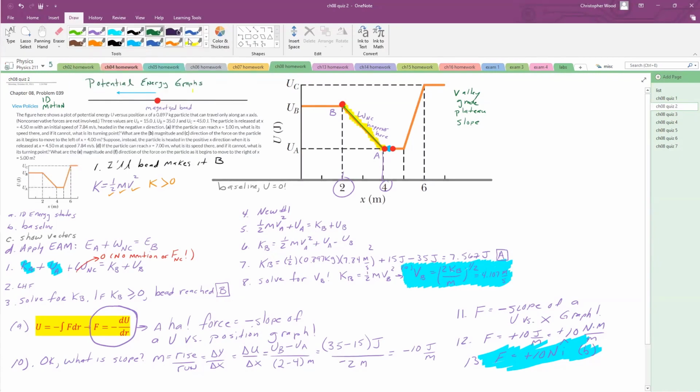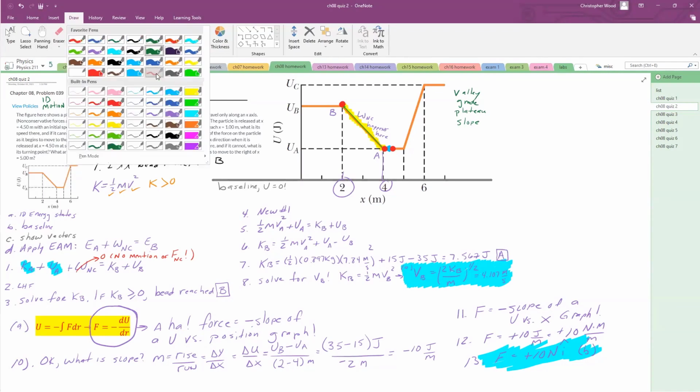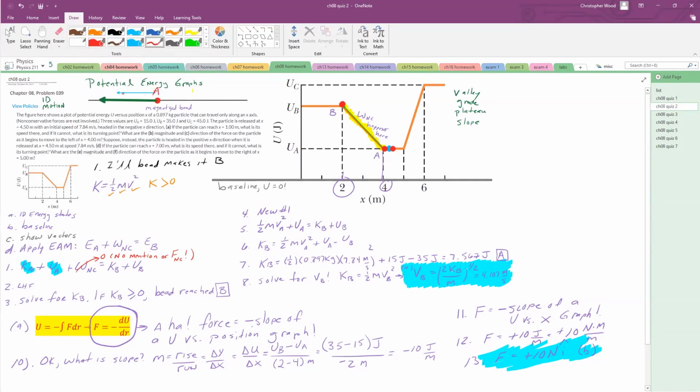This would be energy state A. This is energy state B. So my bead can make it to point B, just like this bead can go up this ramp. But as it's moving to the left, it's encountering a rightward force, like a gust of wind. So this is the force acting on it as it moves to the left.